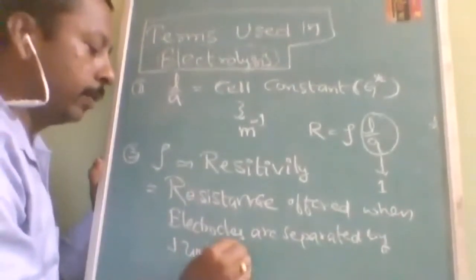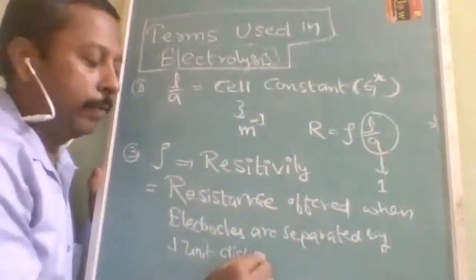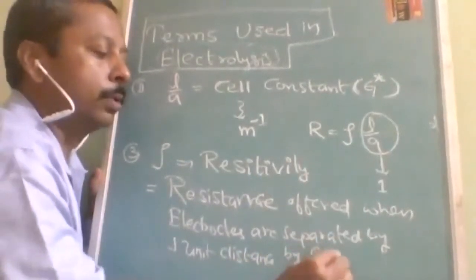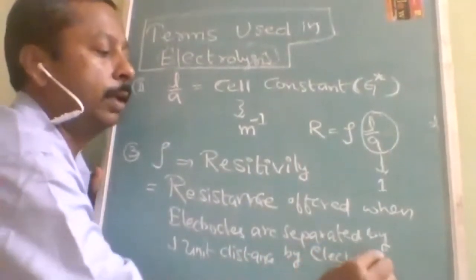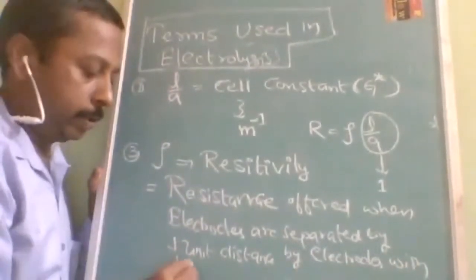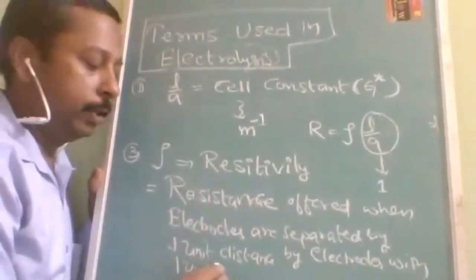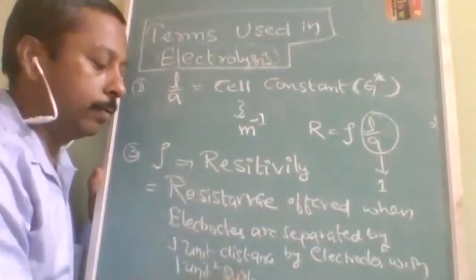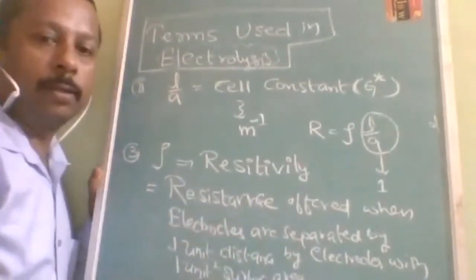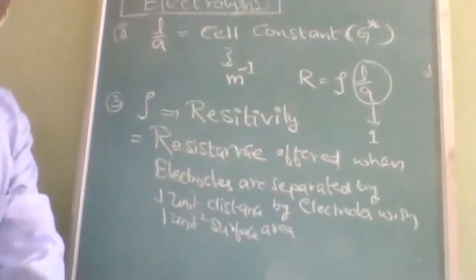By this, I am making the numerator 1. And the electrodes with 1 unit square surface area. How much should the surface area be? 1. Is it understood?